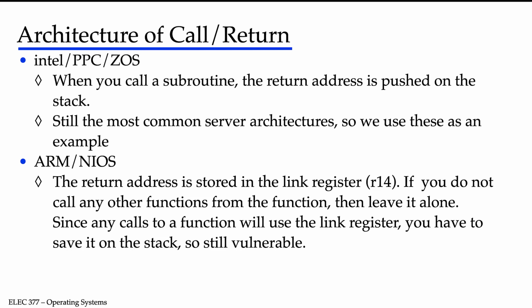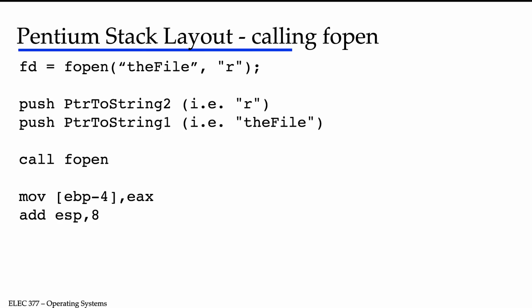And when you save it on the stack, it is still vulnerable. Even if you don't save it to the stack, if you save it to some global memory location, as we've just seen, global memory locations are also vulnerable. So the purpose of this presentation is to understand the layout of the stack before we discuss how the layout of the stack can be exploited to make an attack.